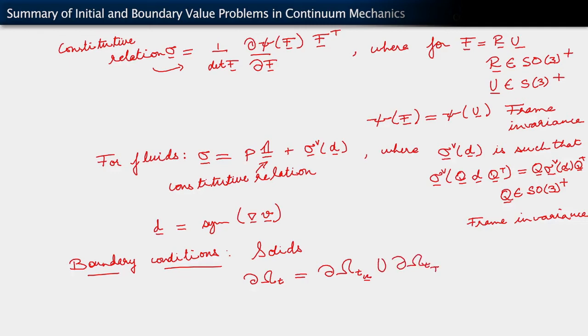And I don't truly need an underbar here. So the total boundary is properly the closure of those two boundary subsets, because both of them are open subsets and we want to make sure we get all the limit points. So for this decomposition of the boundary, we have u equals u bar on the displacement boundary.